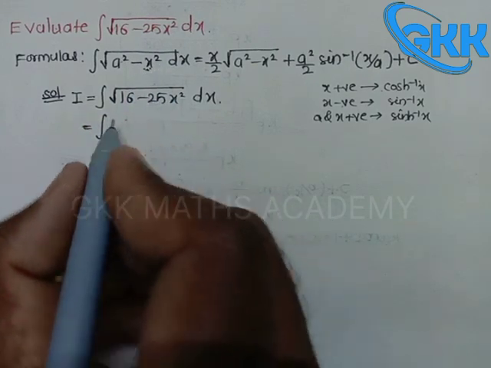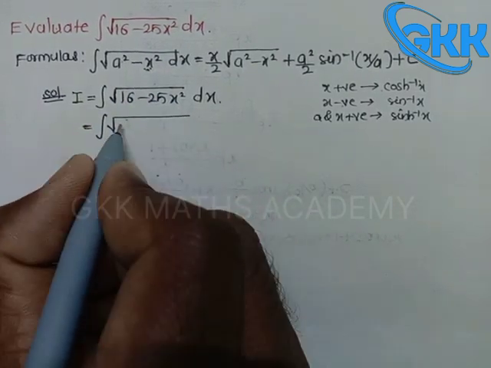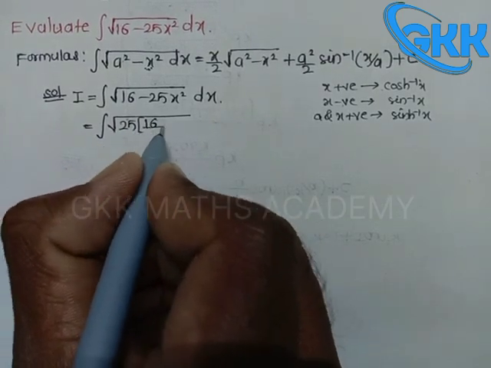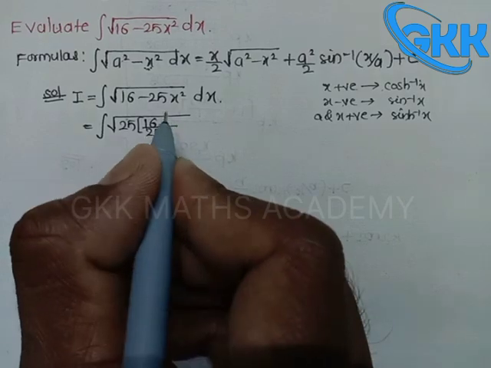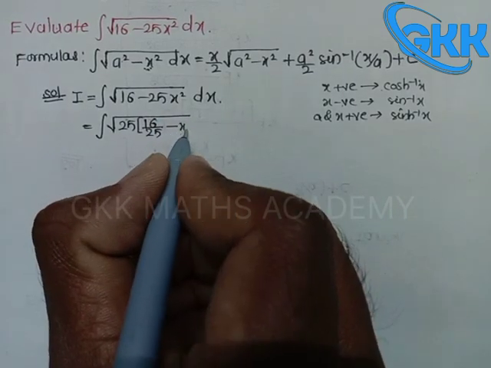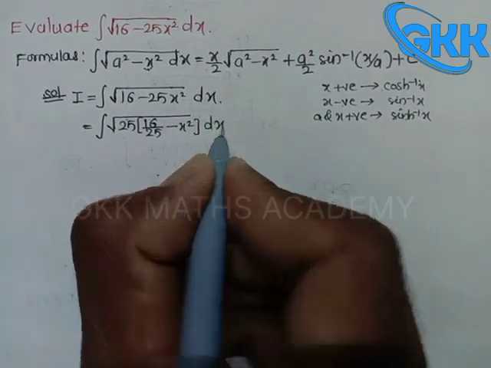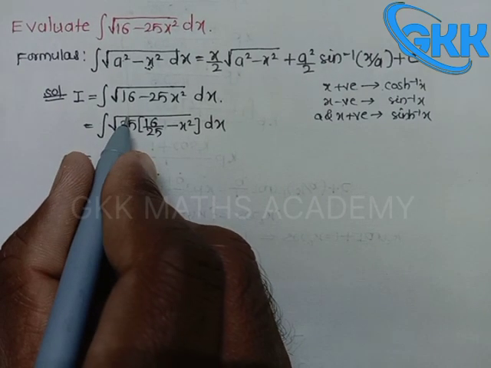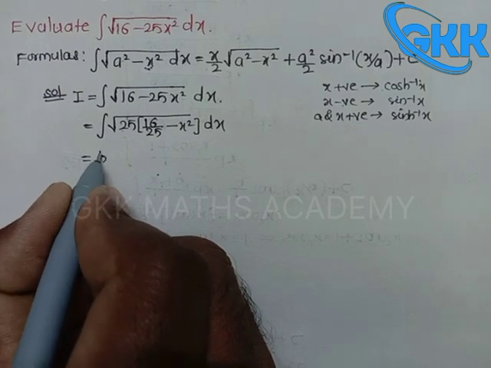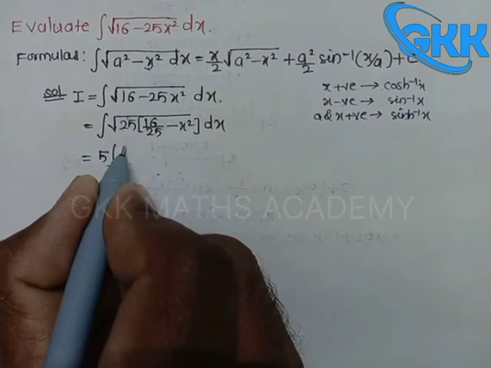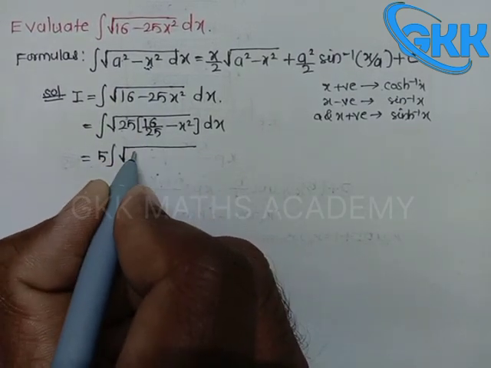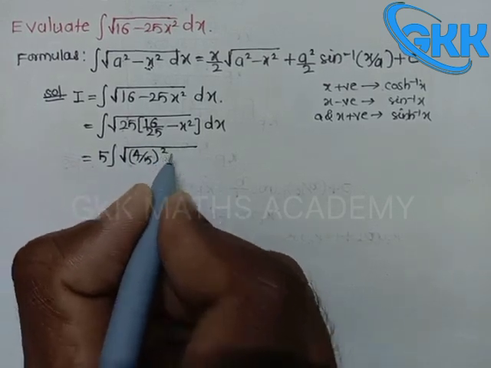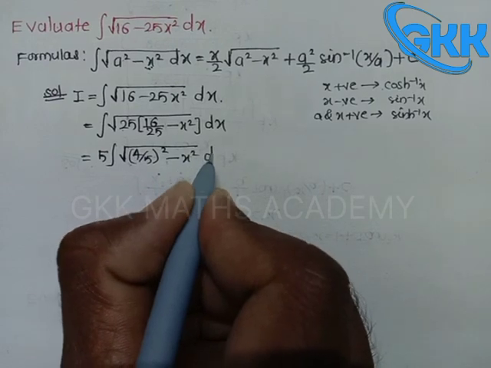So I take 25 common. What remains is 16 upon 25 minus x square, dx. The square root of 25 is 5, a constant, so write it outside the integration. The square root of 16 by 25 can be written as 4 upon 5 whole square minus x square dx.